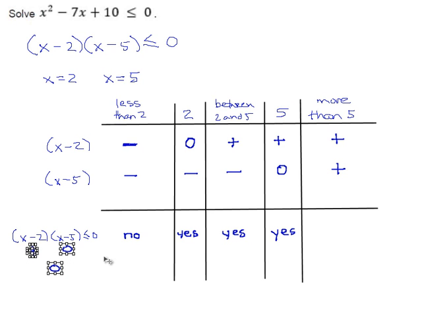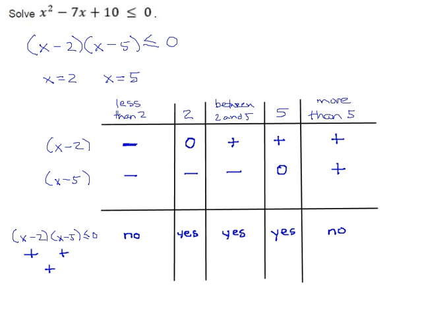And what if we're out here where x is greater than 5? We'll get a positive value times another positive value. This whole thing will come out positive. Are positive numbers less than or equal to 0? Nope.